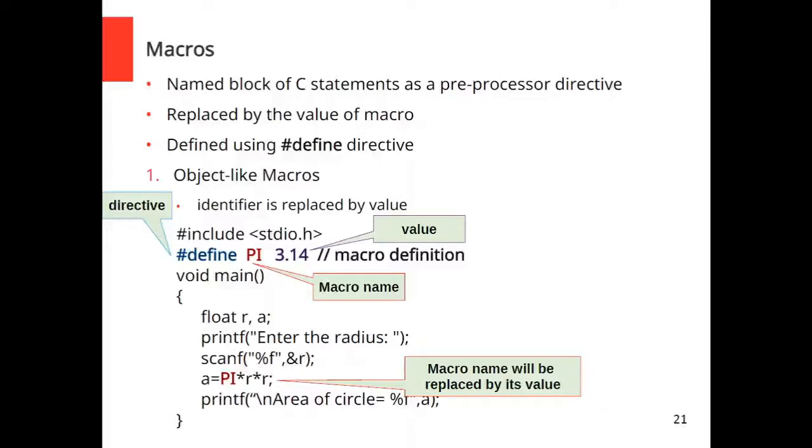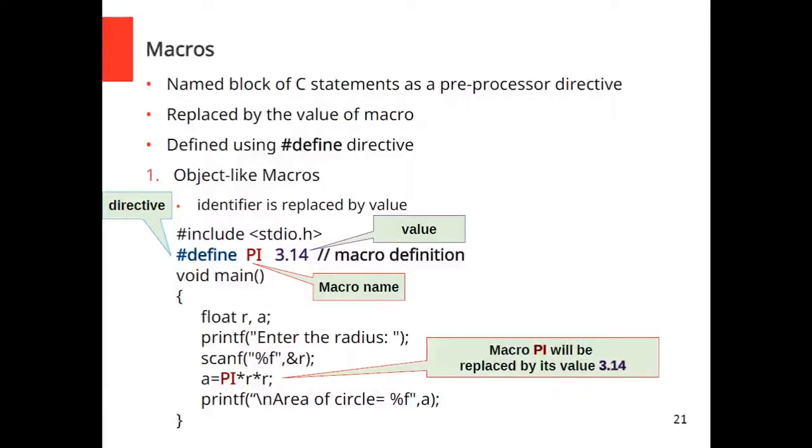When it sees the hash define directive, it goes through the entire program in search of macro templates. Whenever it finds one, it replaces the macro name with the appropriate macro expansion. Only after this procedure has been completed, the program is handed over to the compiler. So it is a text replacement process.